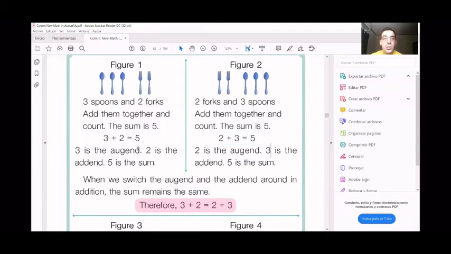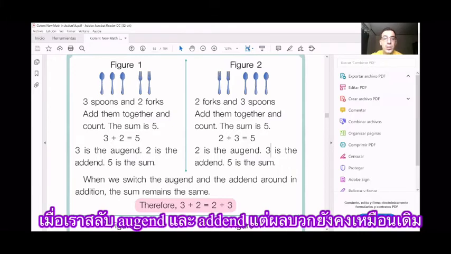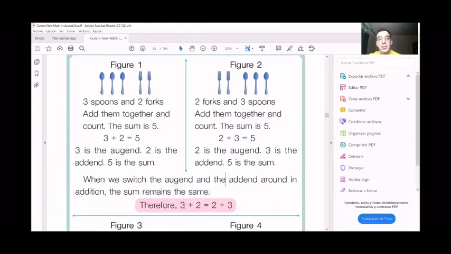When we switch the addend, you remember last week we learned about addend, it doesn't change. The sum remains the same. So we can say that 3 plus 2 is equal to 2 plus 3.